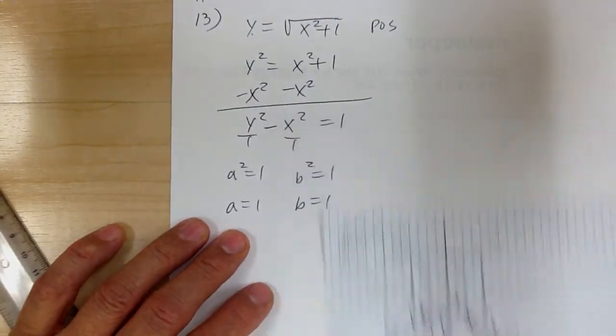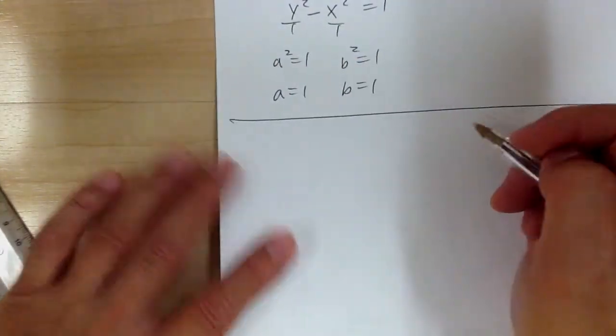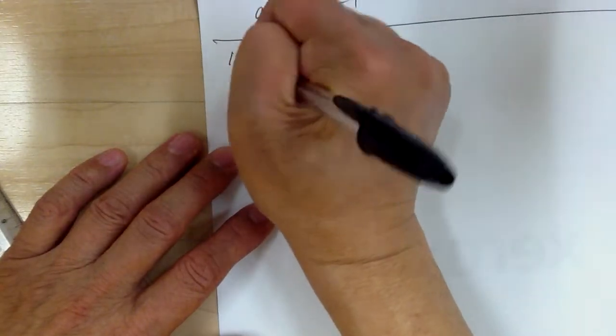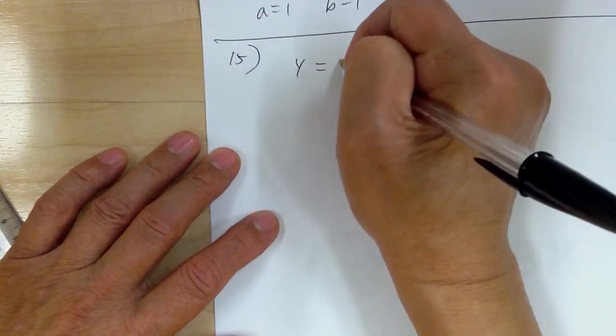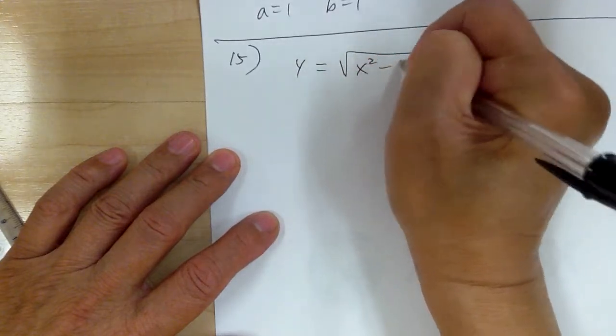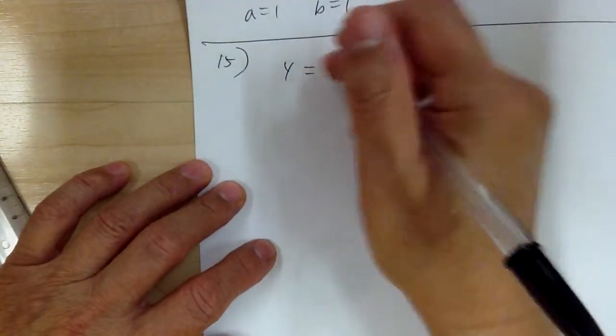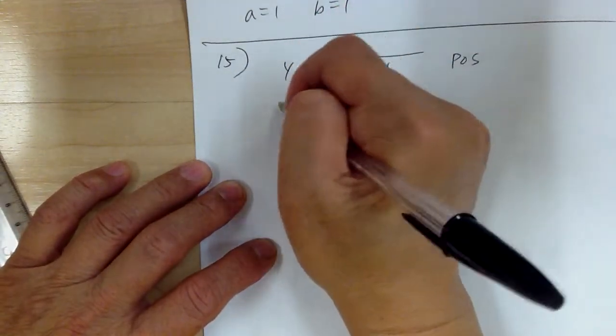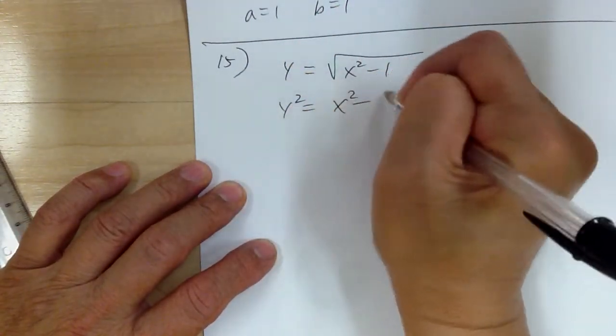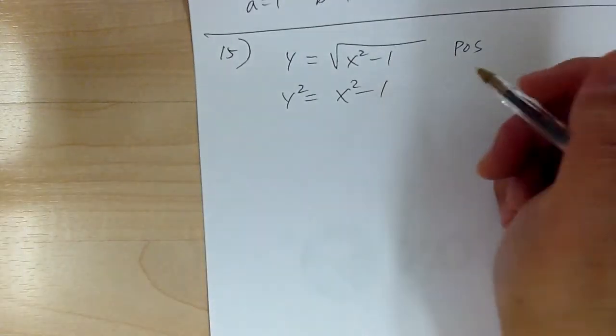Let's go to number 15. Okay, number 15, you got y equal to square root of x squared minus 1. Okay, so again, this is going to be the positive y direction. So square both sides.